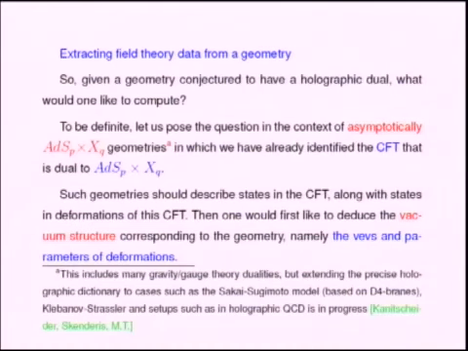Let me make a sort of footnote here. The technology that I'm going to discuss is very well developed in the framework of asymptotically AdS geometries. This includes many interesting gravity gauge theory dualities, but it's clearly important to go into other cases too, and extend a precise holographic dictionary to such cases.